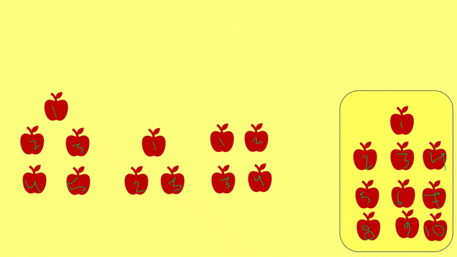Also remember one thing: this is the first group, this is the second group, this is the third group, and the last one is our fourth group. If we kept all the apples in a single bucket, how would you remember how many apples are in the first group, the second, the third, the fourth?